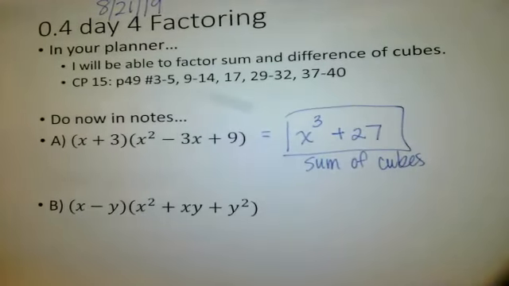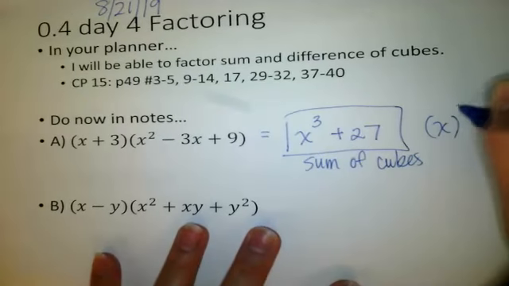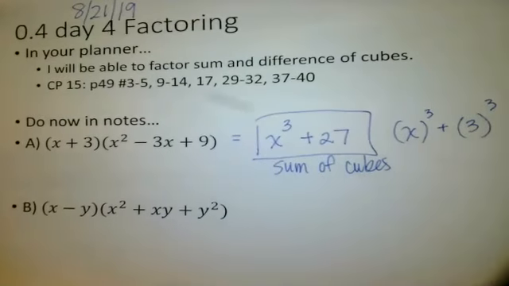Sum of cubes. Why? Because it's a sum of perfect cubes, meaning we have x that's being cubed and we have 3 that's being cubed. Mathematicians are so literal when they give you titles.